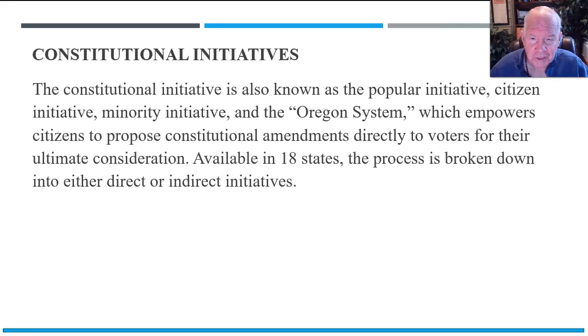The constitutional initiative is also known as the popular initiative, citizens' initiative, minority initiative, and the Oregon system, which empowers citizens to propose constitutional amendments directly to voters for their ultimate consideration. Available in 18 states, the process is broken down into either direct or indirect initiatives.